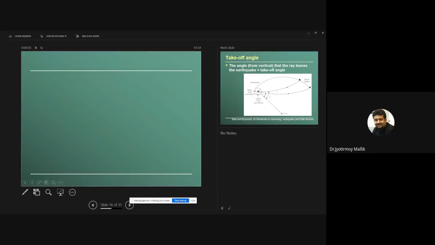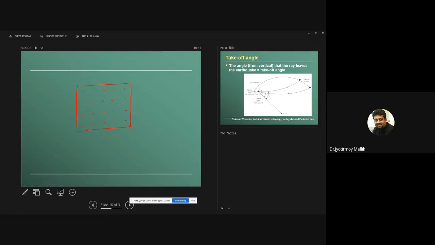Now here is my ground surface, and these are the locations of all the seismometers. For your convenience, I have just made them equally spaced, but in practice they are not.